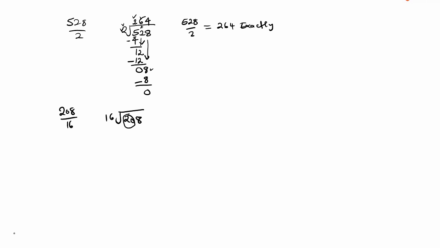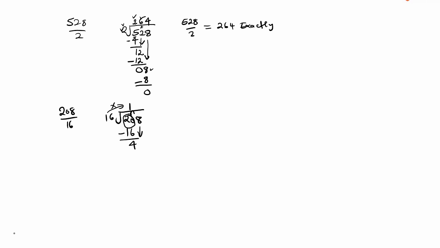That is 1. So we put that 1 above 0 here, and then 16 multiplied by 1 gives 16. Subtract that 16 from 20, you get 4.